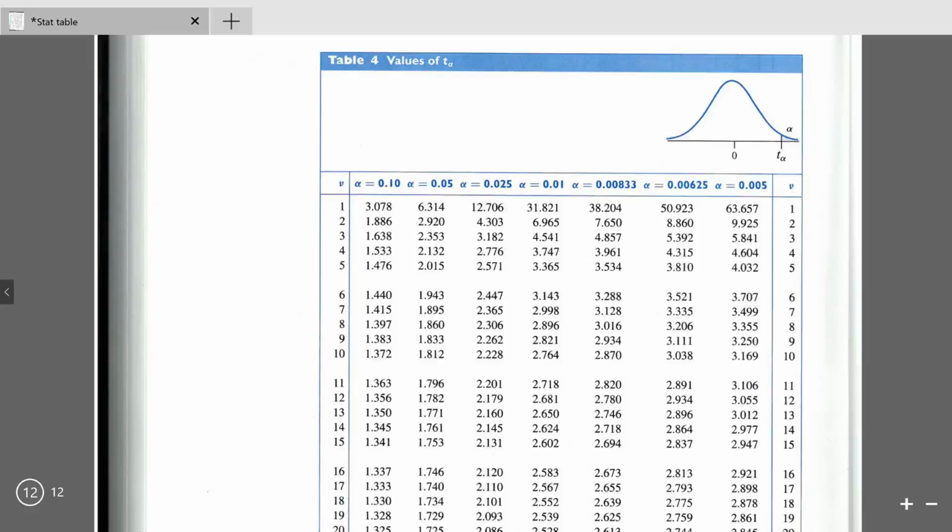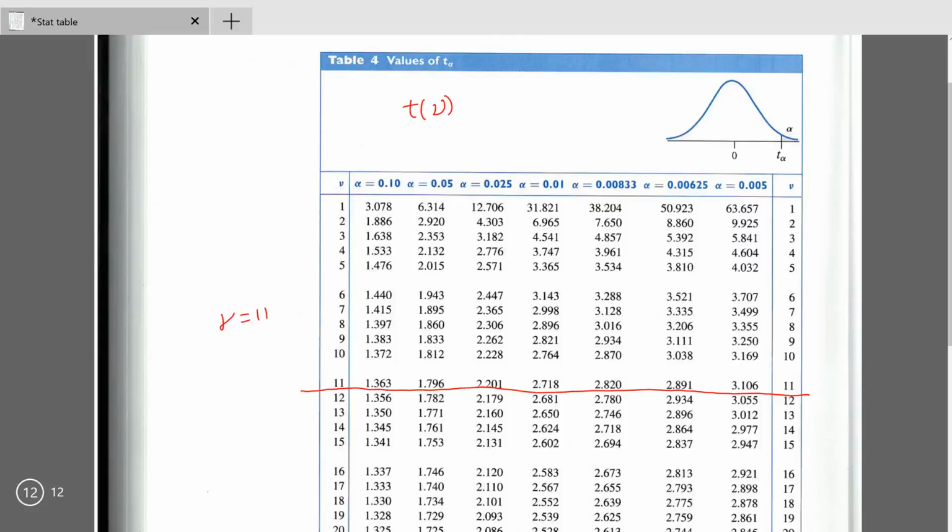What does that mean? We know we have a t distribution with degree of freedom nu, so nu is the parameter. Depending on nu, we find the correct row. Let's say if nu equals 11, then we are at this row.